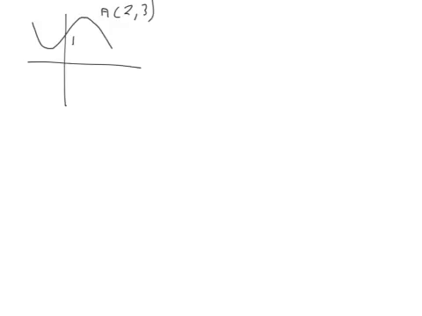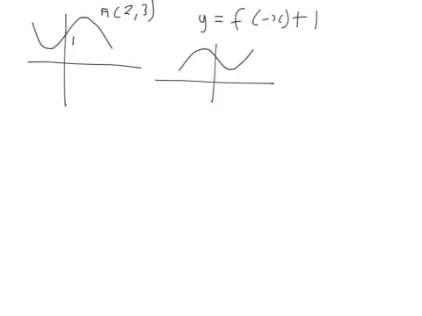Question 1 is graph transformations, and in part A we've got to do y is f of minus x and then add 1. Well, f of minus x is a reflection in the y-axis, so the graph is going to end up looking like this. And then we've got to add 1 to it, so the final graph is that graph there, but 1 added to it.